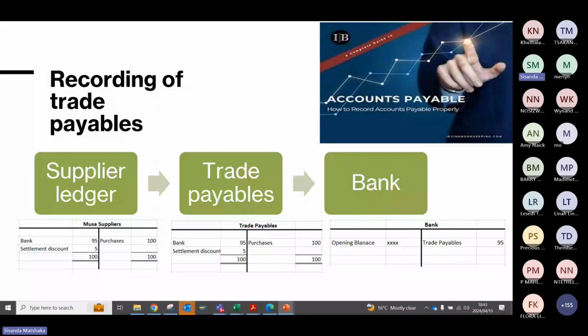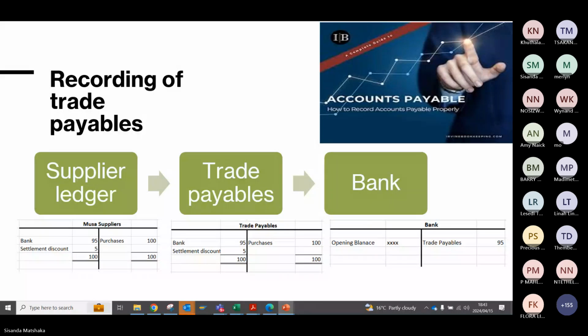Okay, now this is just to show the flow of recording trade payables. First, we have a supplier ledger. That's where you have your individual ledgers where you track what you are ordering and what you must pay.